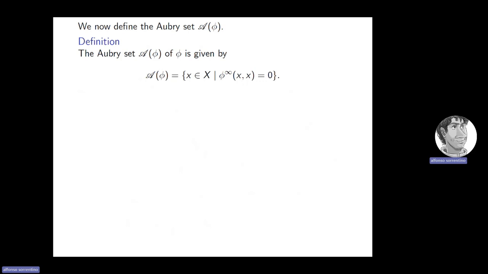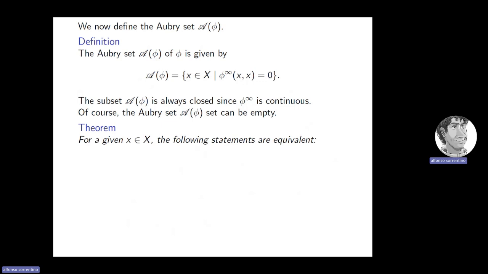But we will show that if phi infinity is not identically plus infinity, the Aubry set is not empty. So it's not like a definition where it's always empty, but it's always closed because phi infinity is continuous.